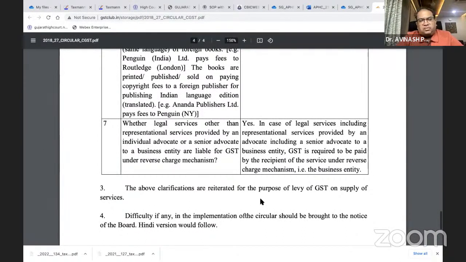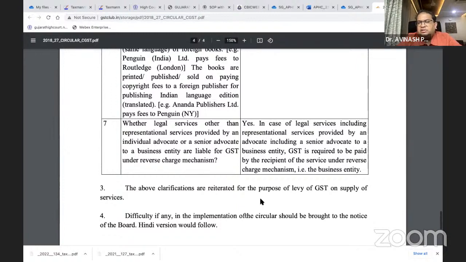Next, whether legal services other than representational services provided by an individual advocate or a senior advocate to a business entity are liable for GST under reverse charge mechanism. So a legal service other than a representational service, maybe drafting of an agreement or anything else, whether RCM will be applicable, the answer is yes.